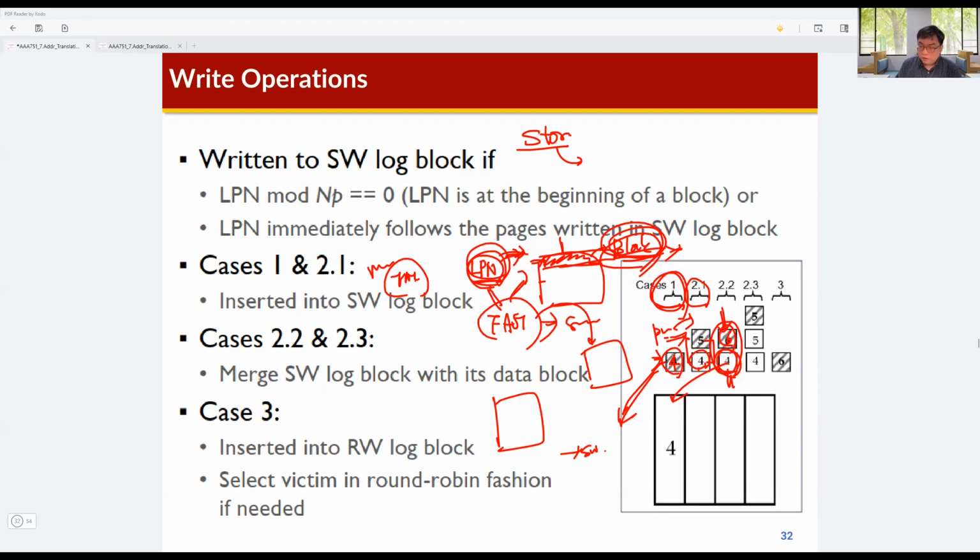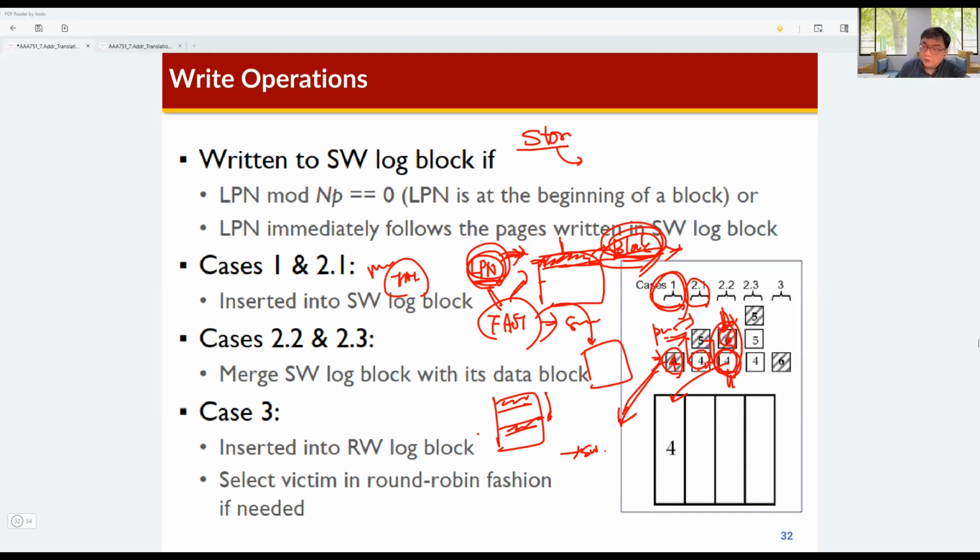But the next write request is now allocated to some neighbor pages, some next pages.